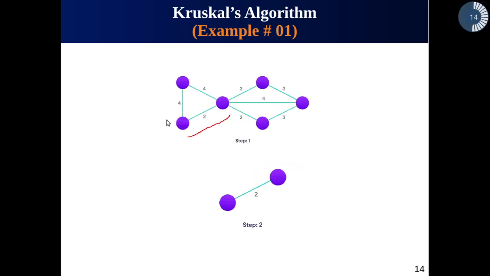Now we have selected these 3 vertices and 2 edges. What next? Repeat the same. Choose the next shortest edge, making sure it doesn't create a cycle, remember the condition, and then add it here. So the next possible edges are this one, let's suppose this and this.